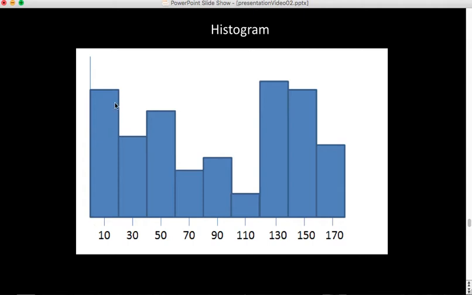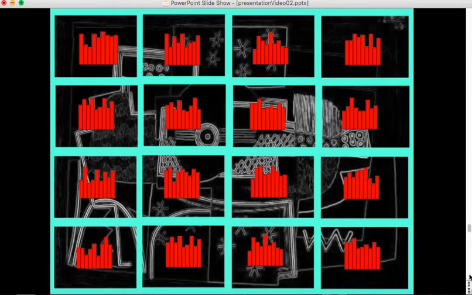So we take all the gradients, for example, and sum them all up where the angle is between 0 and 20, and we get this bar. And then here we get between 80 and 100, and we get this bar, and that's the sum of all the gradients that have that angle. And we do it for every section, so we get a histogram for every one of the little sections.